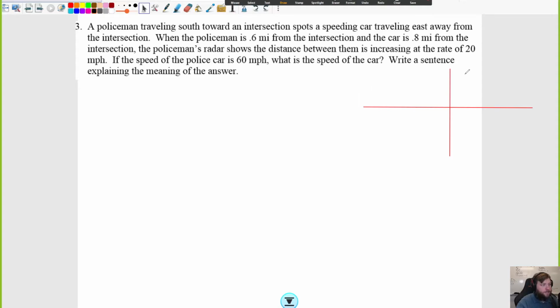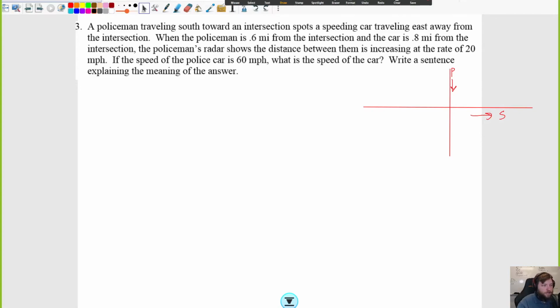Now, a policeman's traveling south. So we're going to say south is down because that's how it works, right? So this is the policeman, P. He's traveling down and spots a speeding car traveling east away. East in this case would be going right. Spots a speeding car. We'll say S. East away from the intersection.